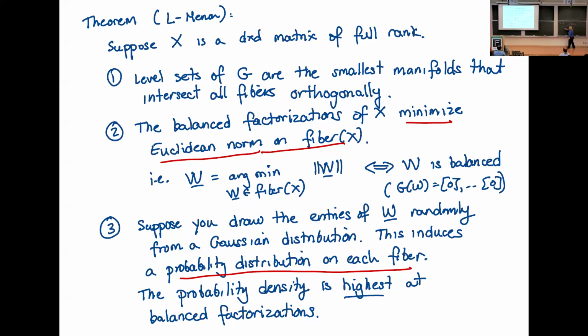And then for some other function, there's some other fiber. So these are the fibers. Okay, and so when we do our training process, if we're using gradient descent, let's just say we randomly initialize right here.